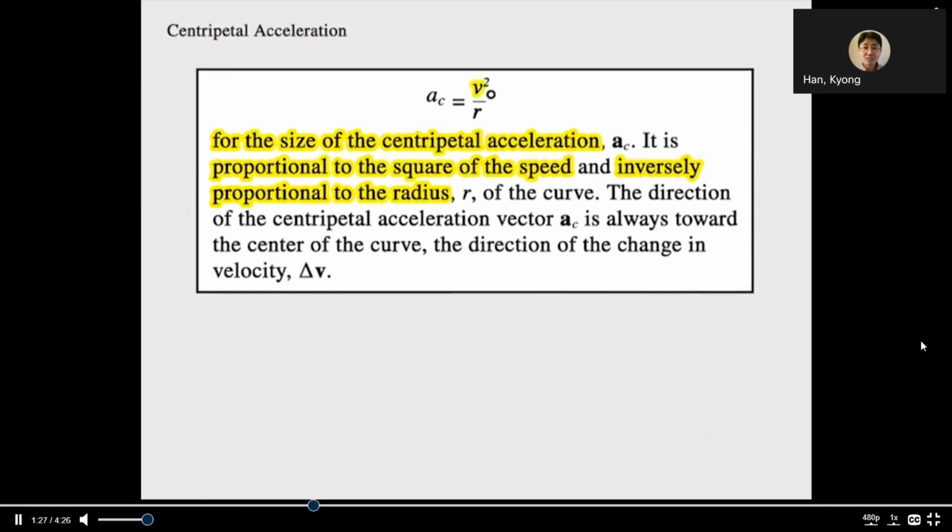Since velocity is on the top, it means that if the velocity increases, then your acceleration increases. Since it's related to the square of the velocity, if we increase the velocity by a factor of 3, that means the acceleration would increase by a factor of 3 squared, or 9.